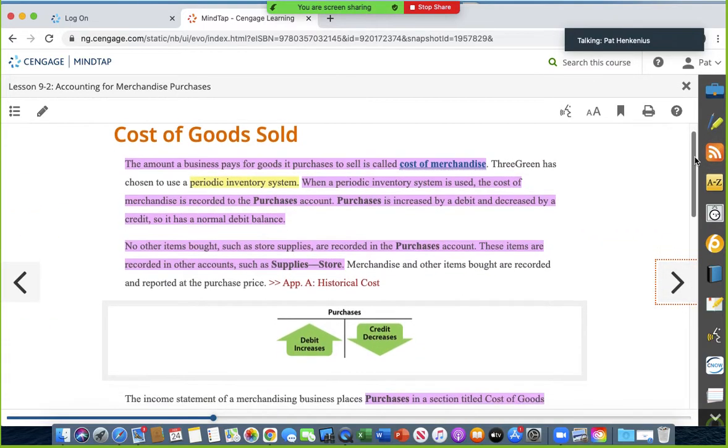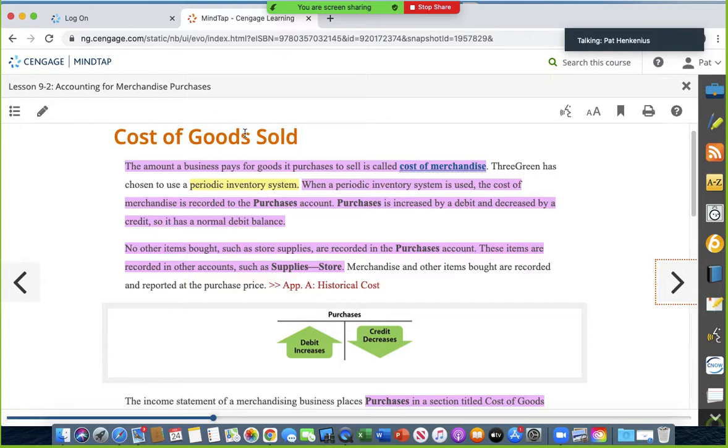Now, we have this new section. When we said that expenses are usually 500 accounts, but you remember when we looked at the chart of accounts, the expenses went down to 600s. Okay. The chart of accounts now with the 500s is the cost of goods sold.